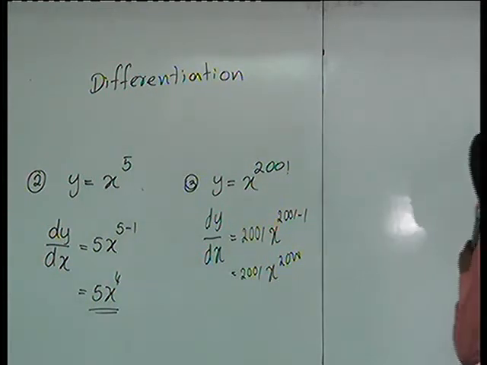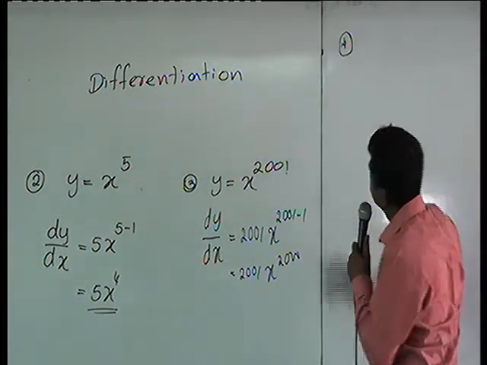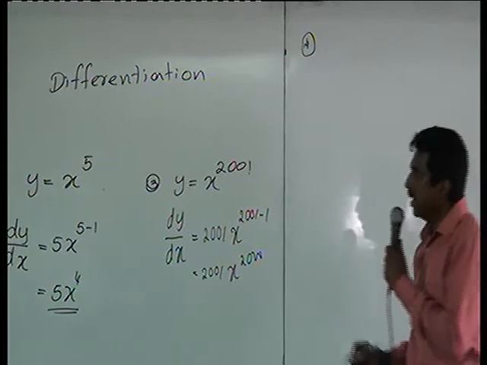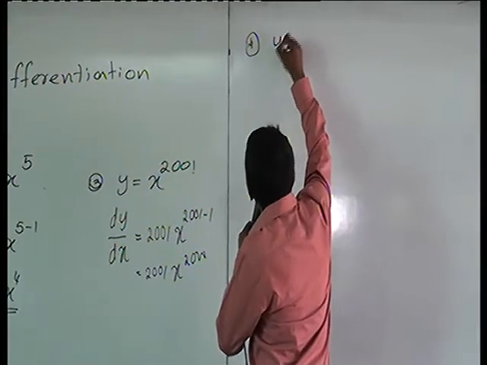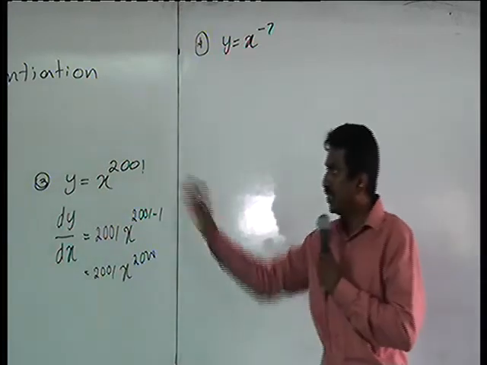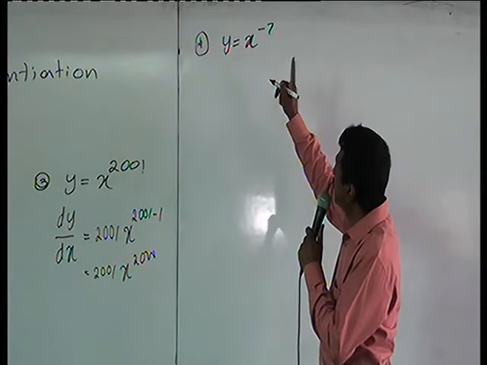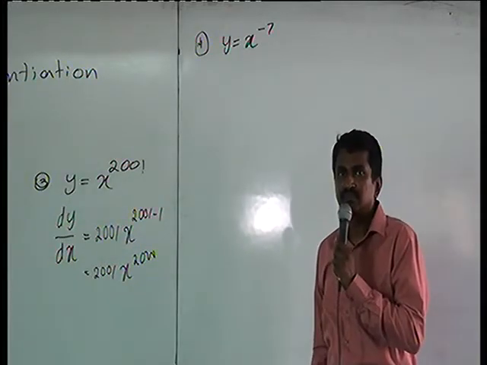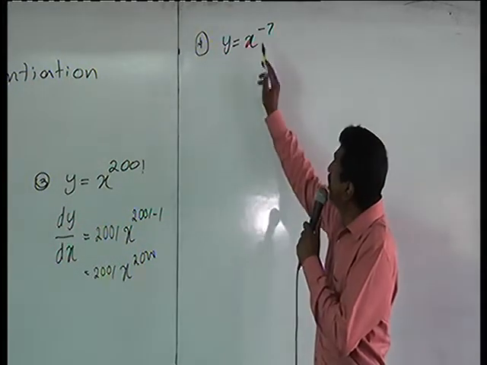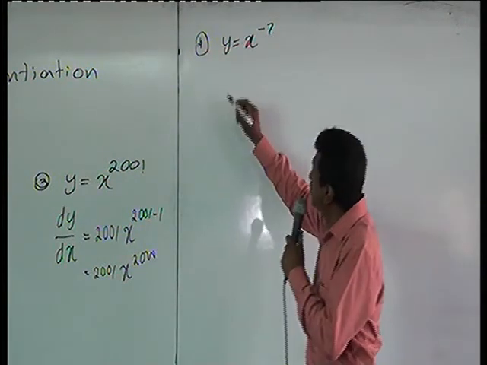Now we'll move to the next question. Question number 4. Shall I put something like y equals x to the power minus 7? In all these questions x is positive. Now y equals x to the power minus 7. The same procedure. How much is our n? Our n is equal to minus 7.